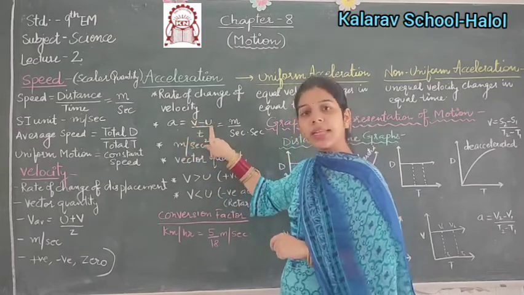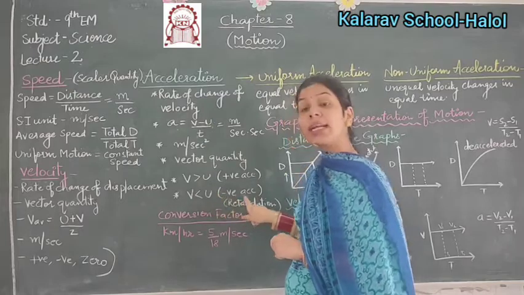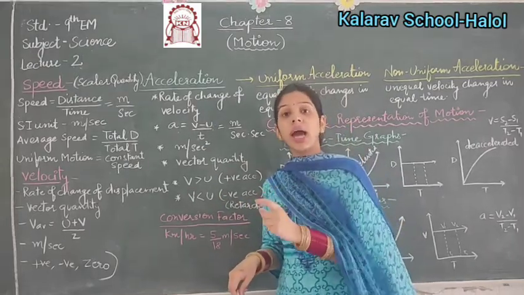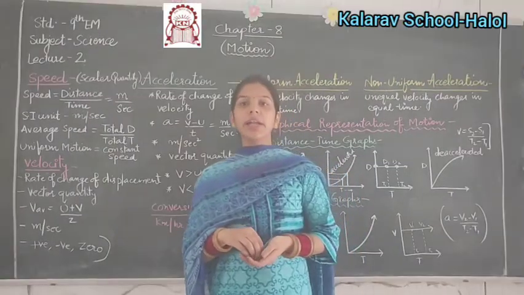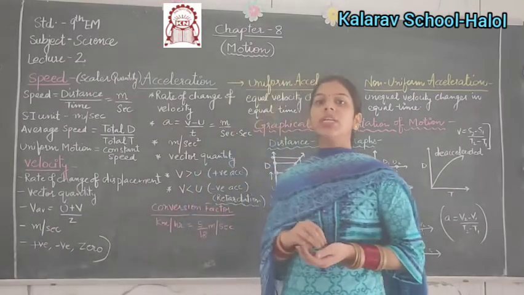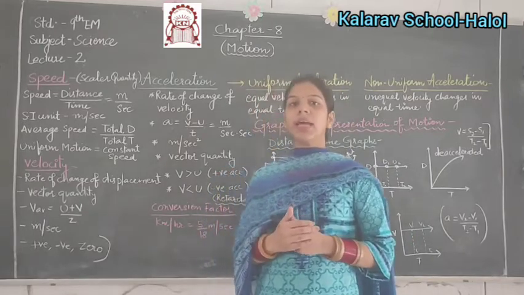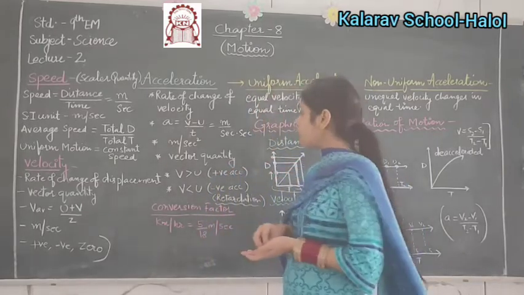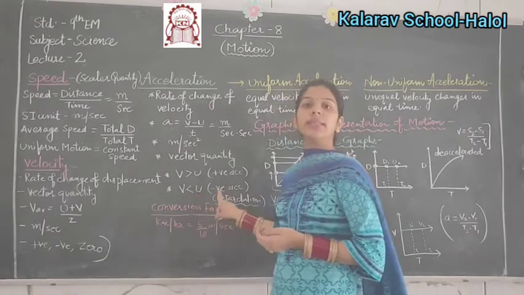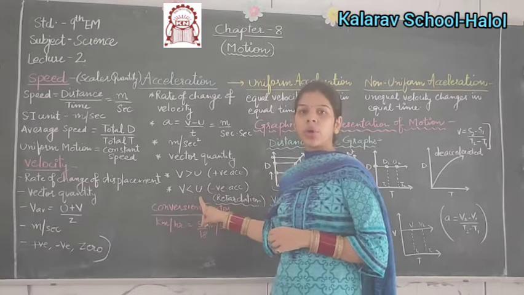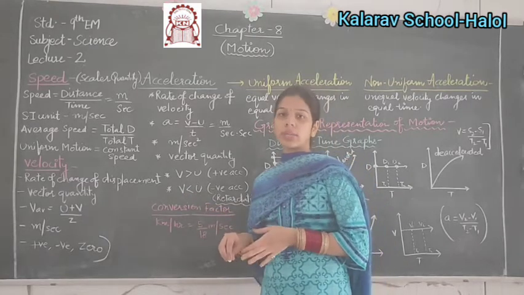If v is less than u, the result is negative acceleration, and negative acceleration is called retardation. Acceleration is of three types. If v is greater than u, it is positive acceleration. If v is less than u, it is negative acceleration. If v is equal to u, it is zero acceleration.